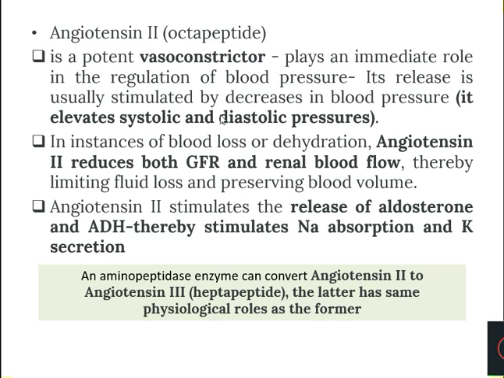When the pipe is constricted, what happens to the pressure exerted by blood? It increases. So it is a potent vasoconstrictor and plays an immediate role in the regulation of blood pressure. Its release is needed when there is a decrease in blood pressure. So once this mechanism starts operating, it will increase the systolic as well as diastolic pressures, the two pressure components of the blood pressure.